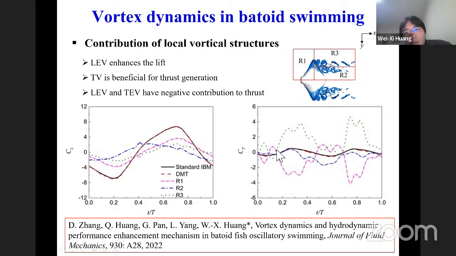It's surprising to see that the propulsion force is mainly from the tip vortex at the R3 region, but the R1 region has a negative contribution.